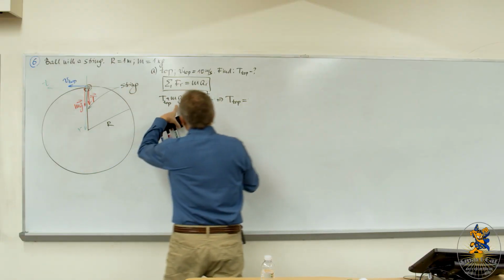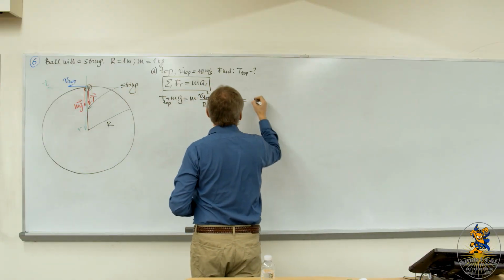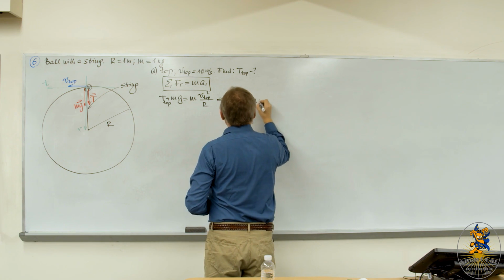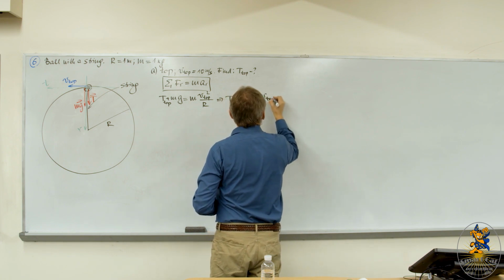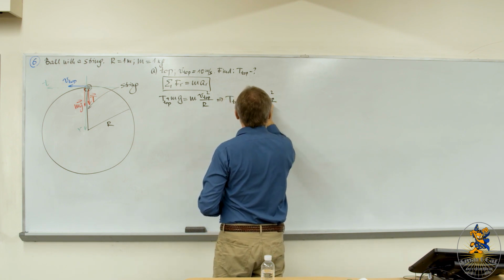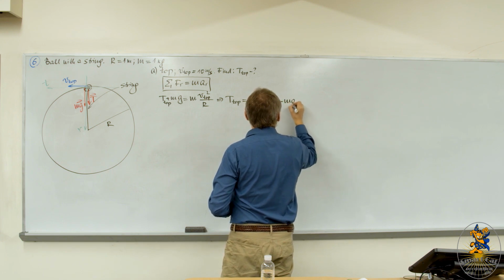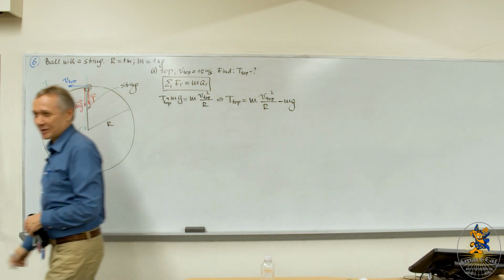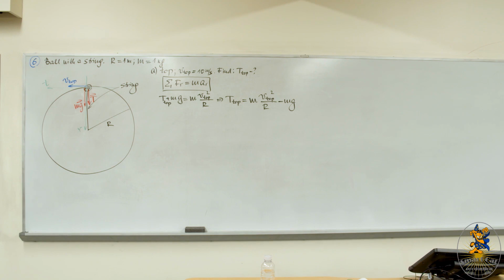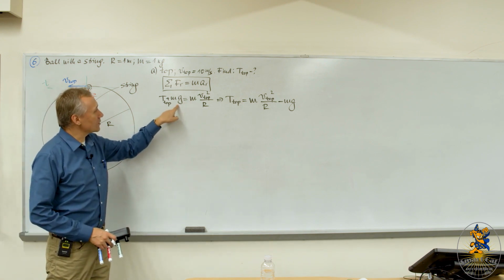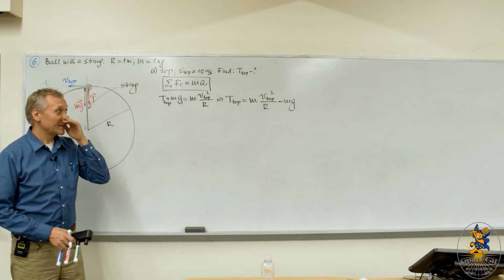Okay, so mg goes to that side with minus. I'm also getting tired a little bit. All right, so minus mg. So now it's correct. So this is positive, and this term goes to that side, of course, with a minus sign.